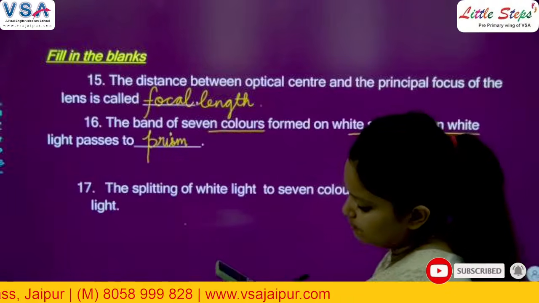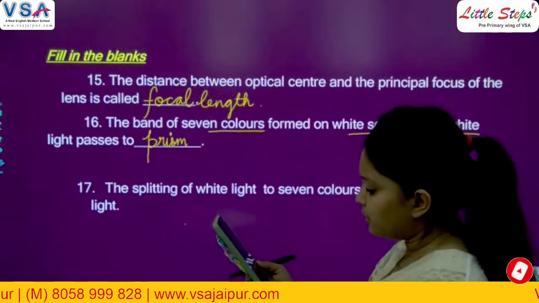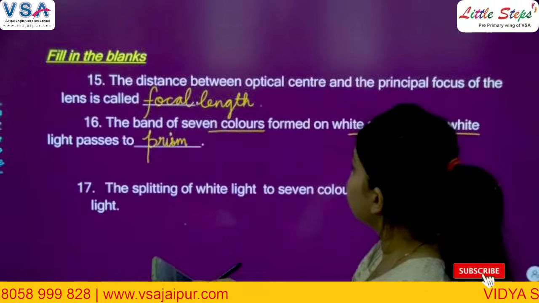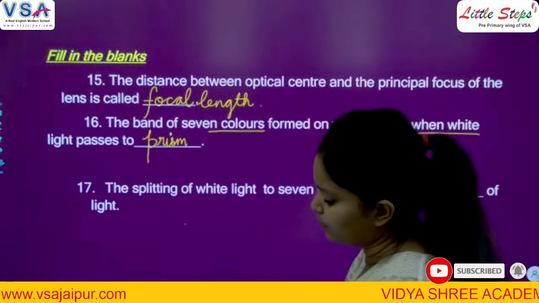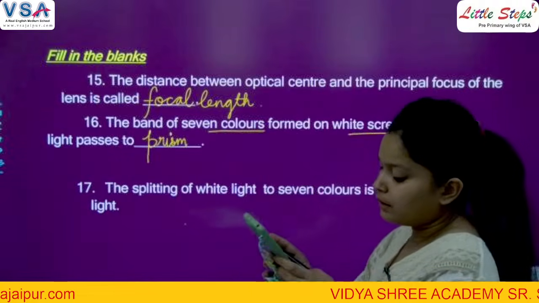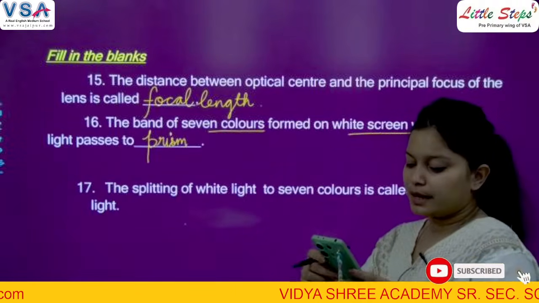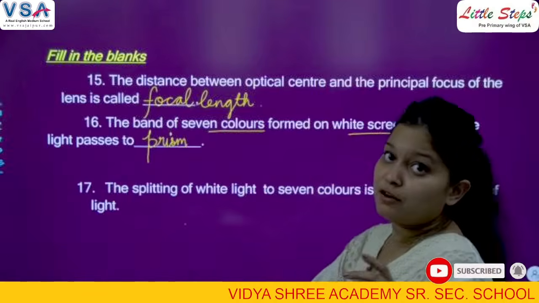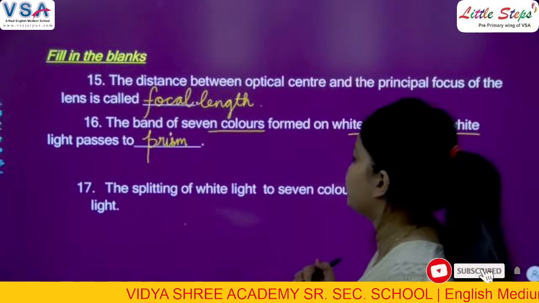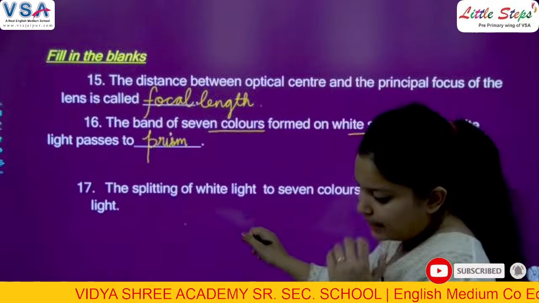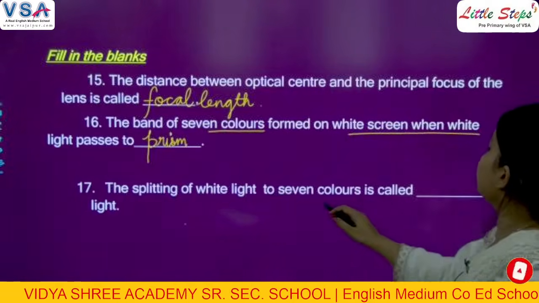Rishabh, that is not spectrum, it is wrong. We can do it through prism. Yes. The process, Rishabh, you are saying something else. The process of white light into 7 colors, that is known as spectrum. That is correct, the splitting of white light into 7 colors.